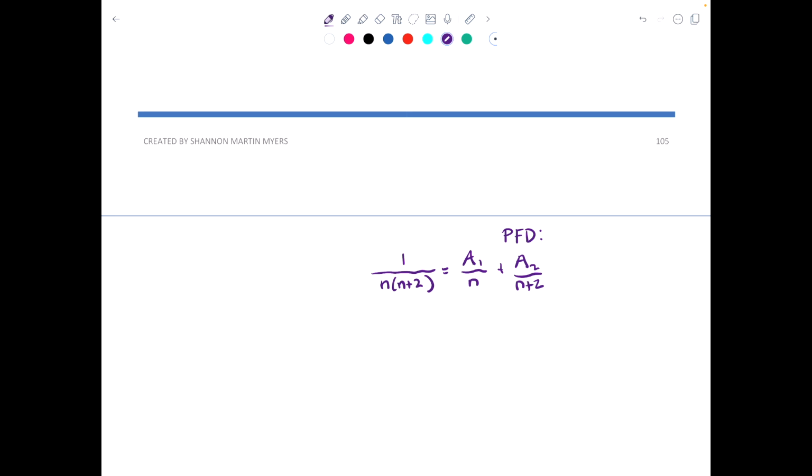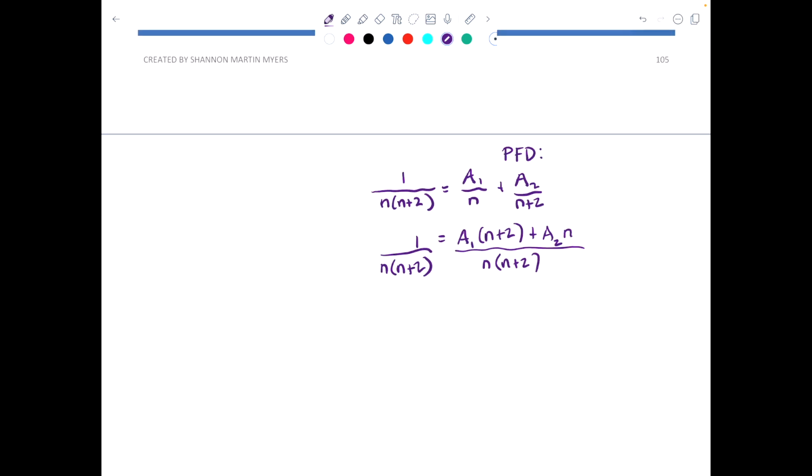So quickly we'll have 1 equals a1 times n plus 2 plus a2 times n, all over n times n plus 2. And now we've got n times n plus 2 on both expressions, which means we just need to equate our numerators. So we have, let's see, a1 plus a2.